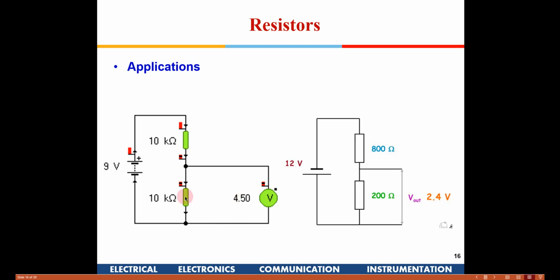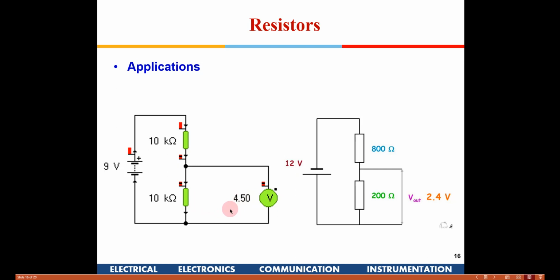That 100 ohms will come in parallel with 1 mega ohm, so the net effective resistance will come below 100 ohms. Then it will not remain at 4.5 volts; the voltage will drop, and you are not getting the desired voltage. So in such cases, the values of these resistors should be at least 1 order lower than the load resistance which you are connecting. Is it understood?